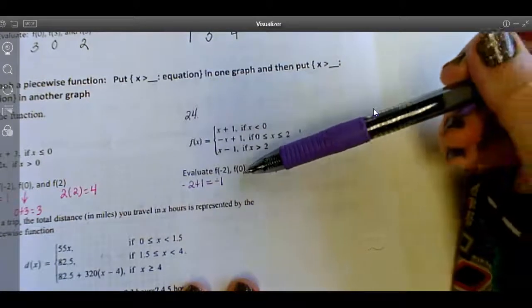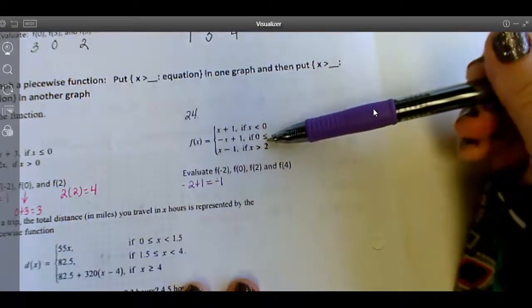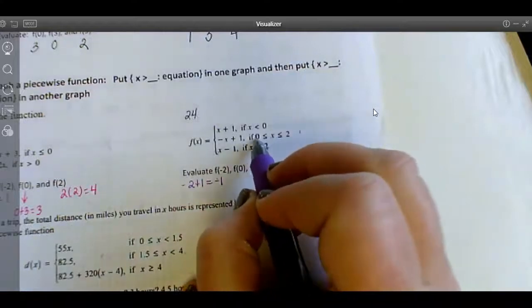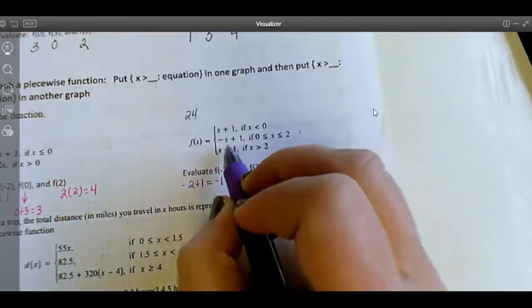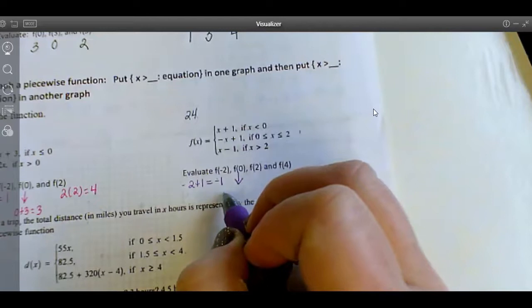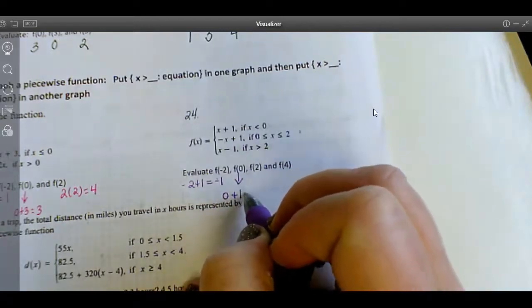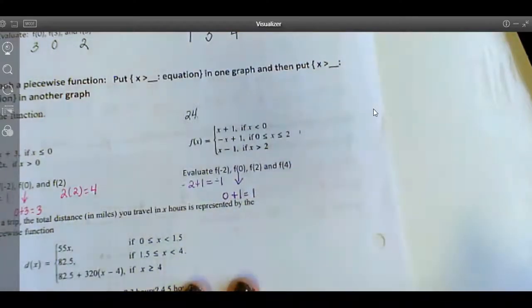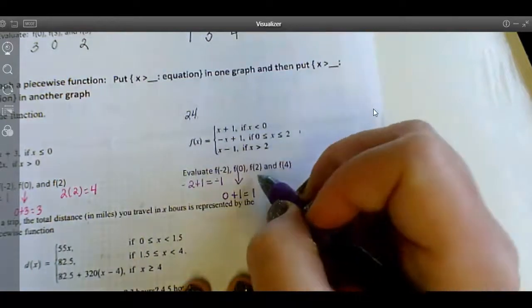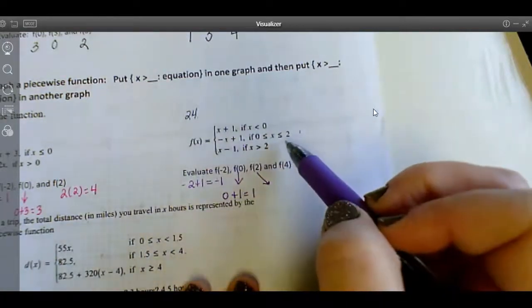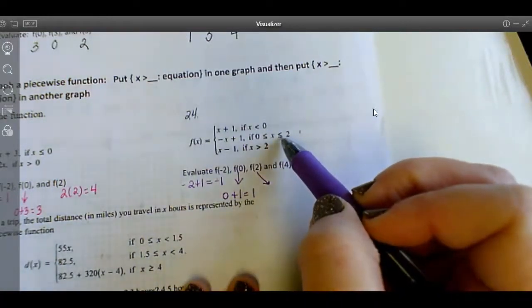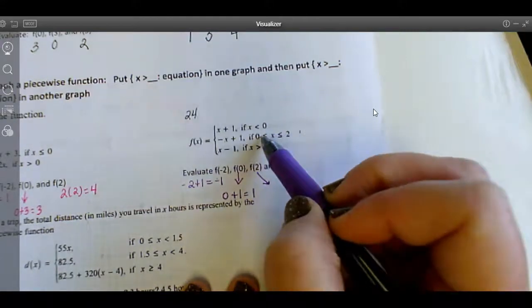All right, f of 0. This one says less, and this one has a greater, but there's an equal, so it must be this one that I put it into. So that would be -0, which is just 0, plus 1, which is 1. All right, f of 2. All right, 2, there's the equal on the 2. So the 2's got to go on this one.